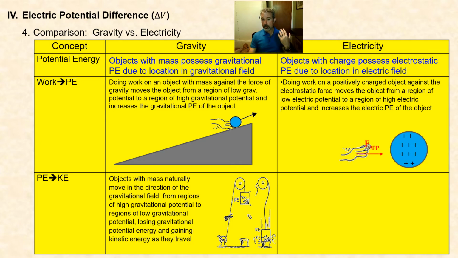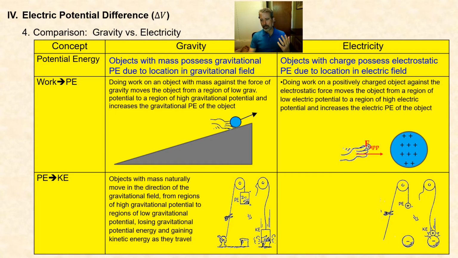When they do so, they lose gravitational potential energy and gain kinetic energy as they travel. It's exactly what's happening with the pile driver here when the string is cut. It's losing gravitational potential energy, and that loss is being converted into kinetic energy.